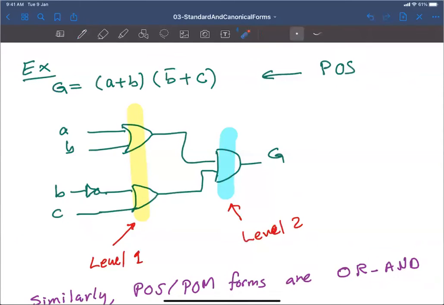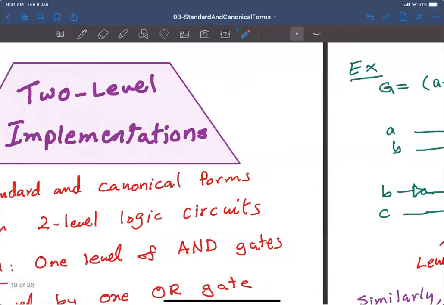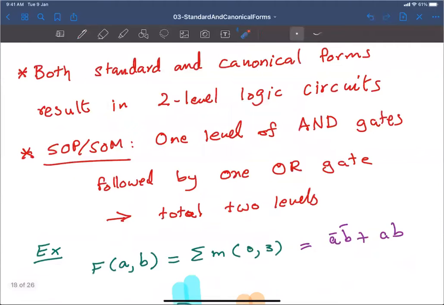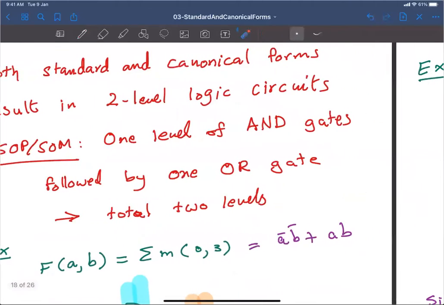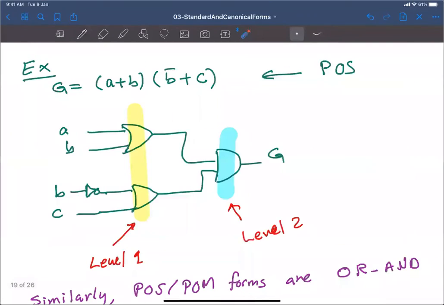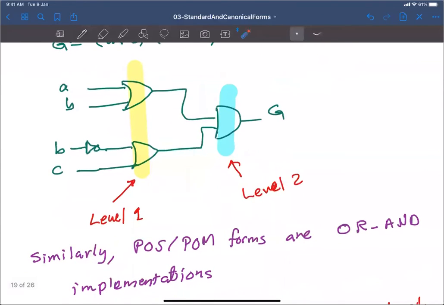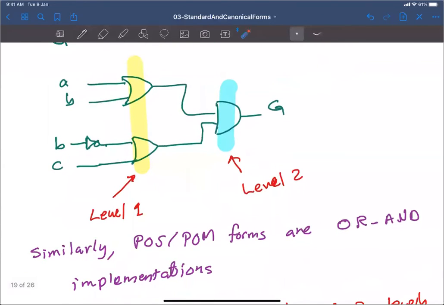So both product of sums and product of maxterms generate a two-level implementation, as well as sum of products and sum of minterms. For the same obvious reasons, this implementation is also referred to as OR-AND implementation.